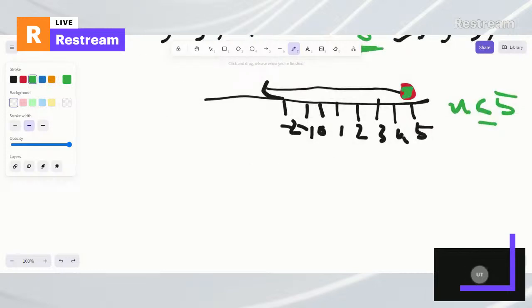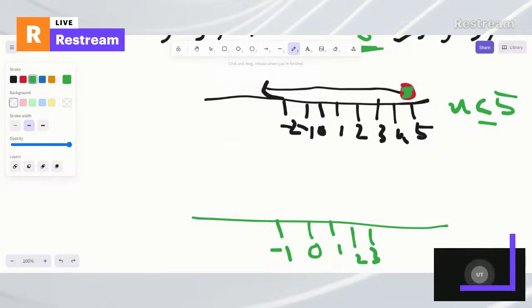Now I have 0, 1, 2, 3, and I say that I have the inequality x is greater than or equal to -1. What does it mean?